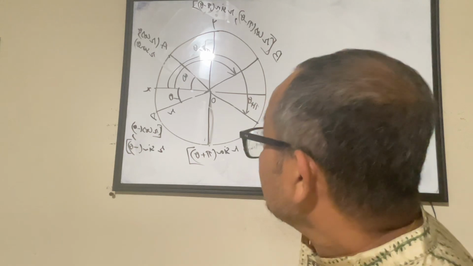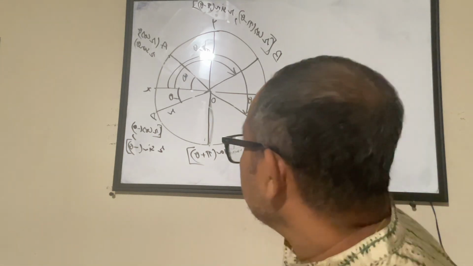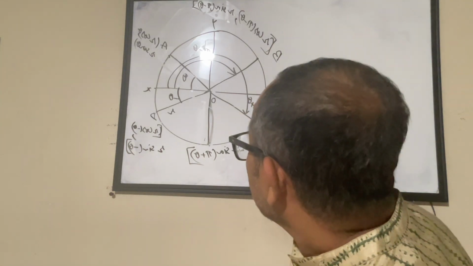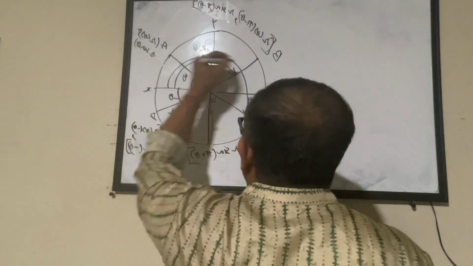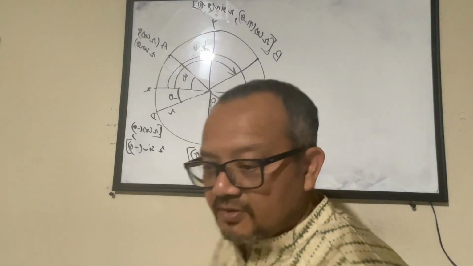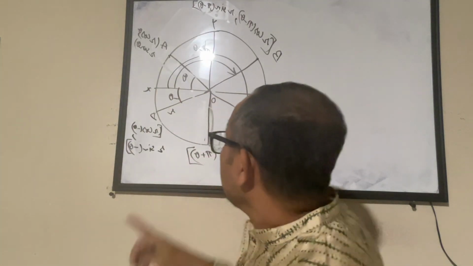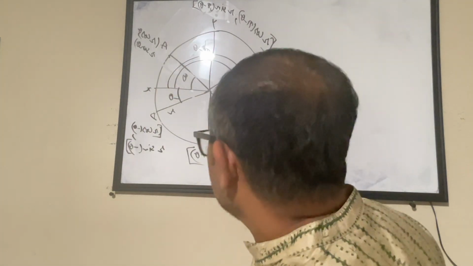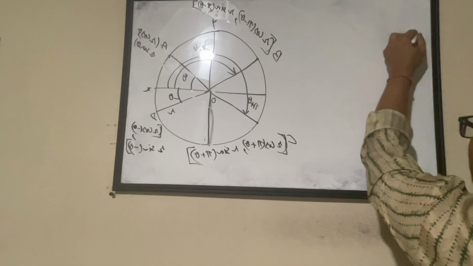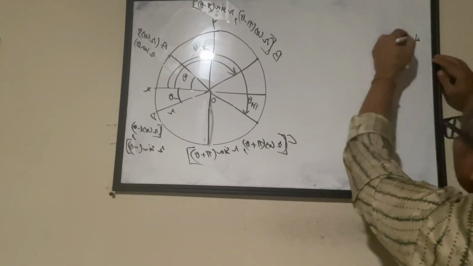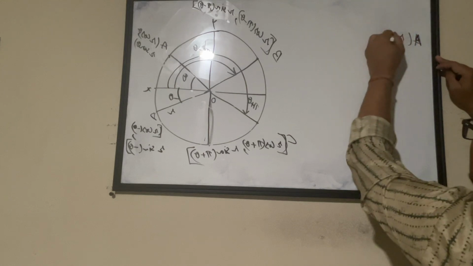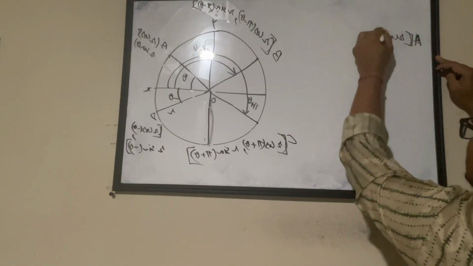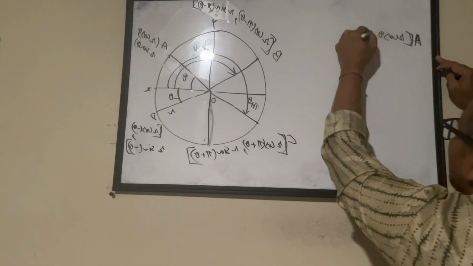Now, let's look at some cool stuff. If you look at this point A and B, A is r cos theta, r sine theta.